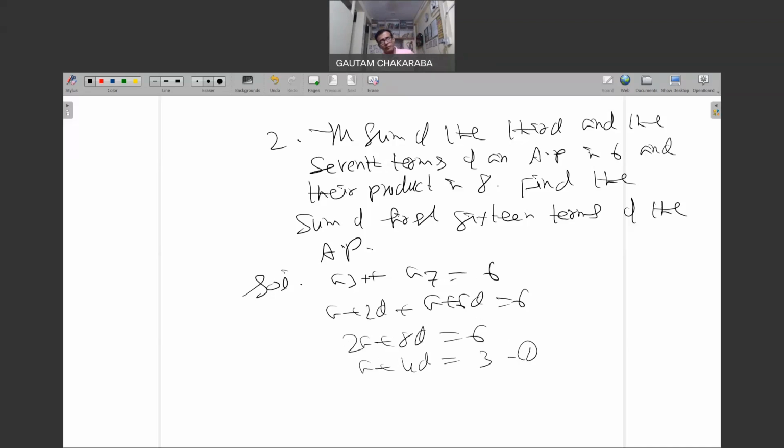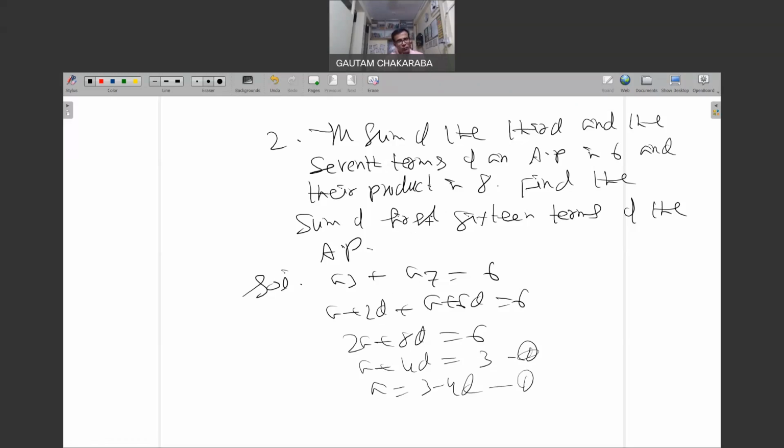Always in exams, you take the first term as A and the common difference as D. After that you apply the identities. Please remember this type of question. And you find A is equal to 3 minus 4D. I take this as equation 1.